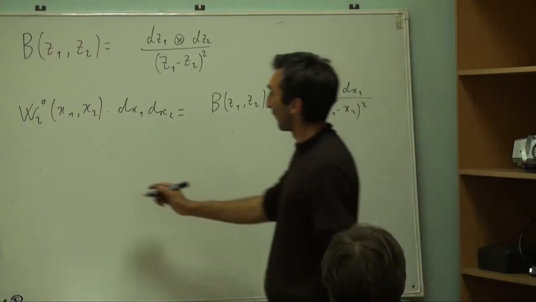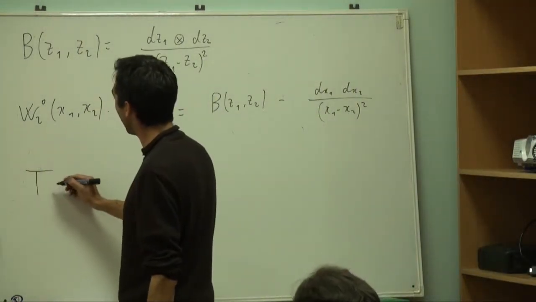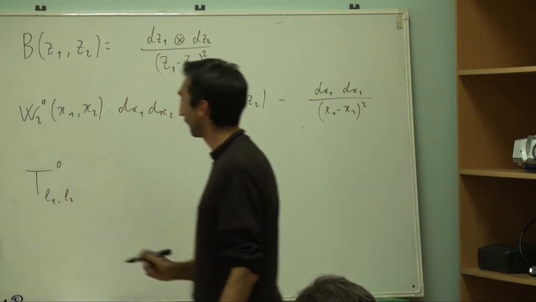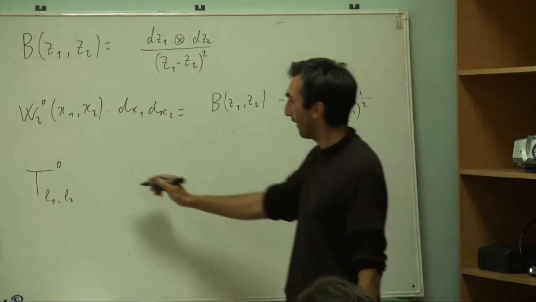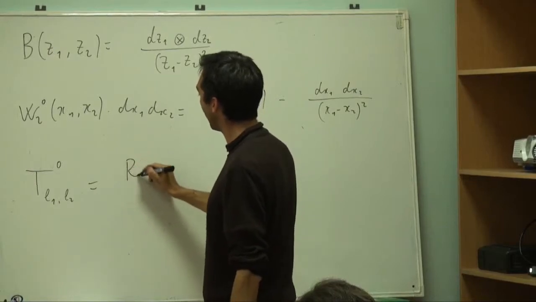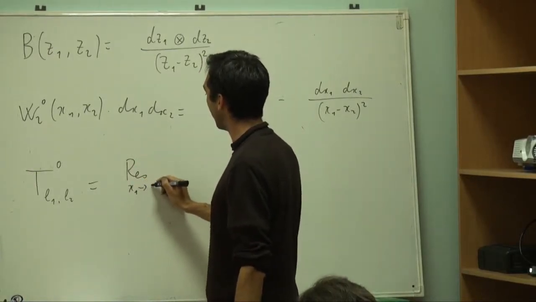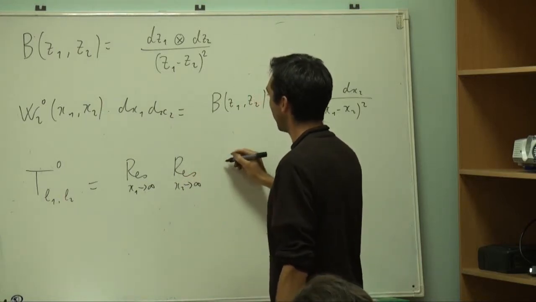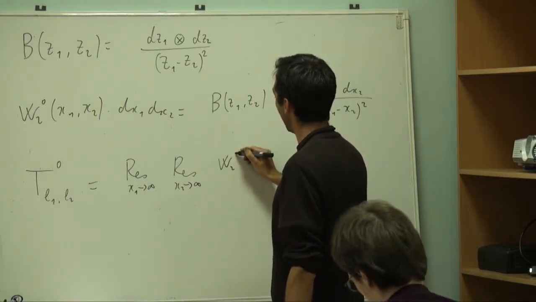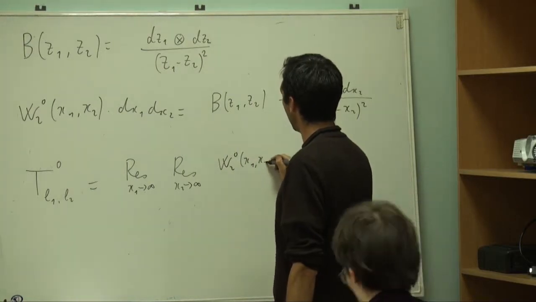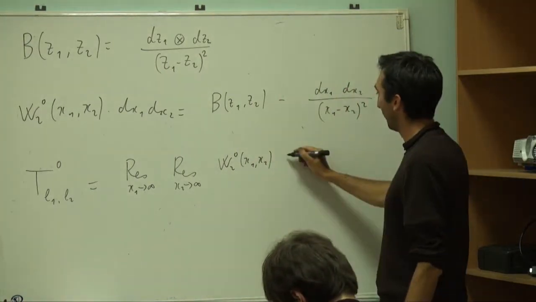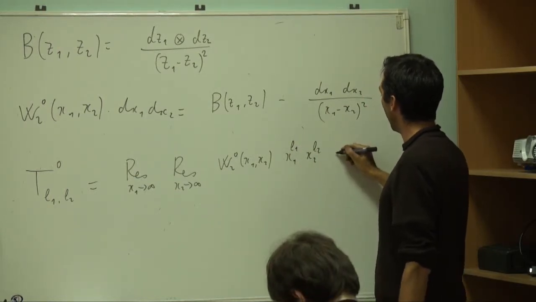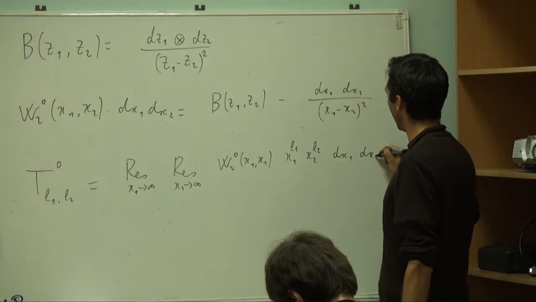Let me give an example. Let's say you want to compute t, L1, L2, 0, so given length. For that, you have to take the residue when x1 goes to infinity, and the residue when x2 goes to infinity of W20 of x1, x2, and x1 to the L1, x2 to the L2, and dx1, dx2.